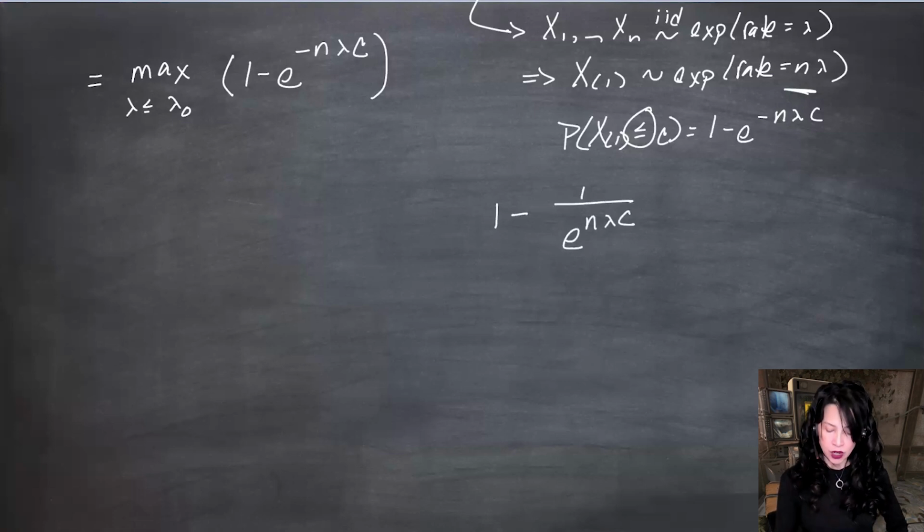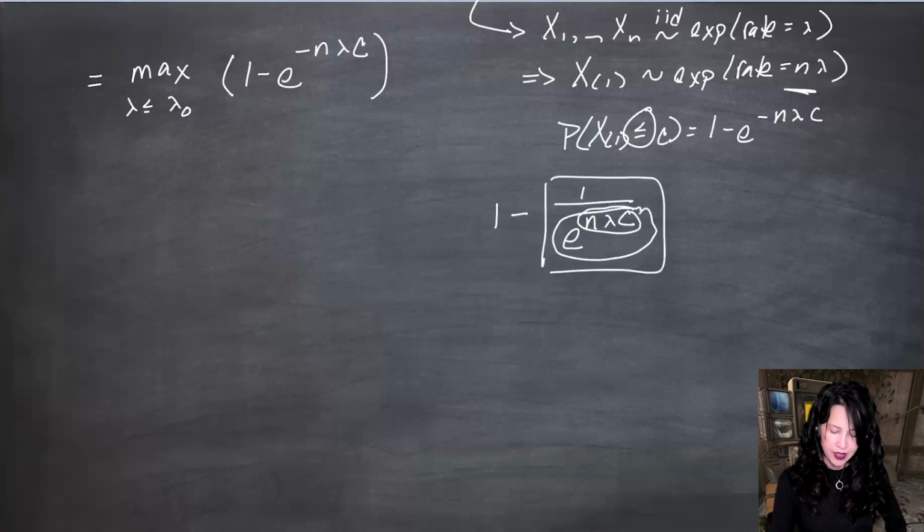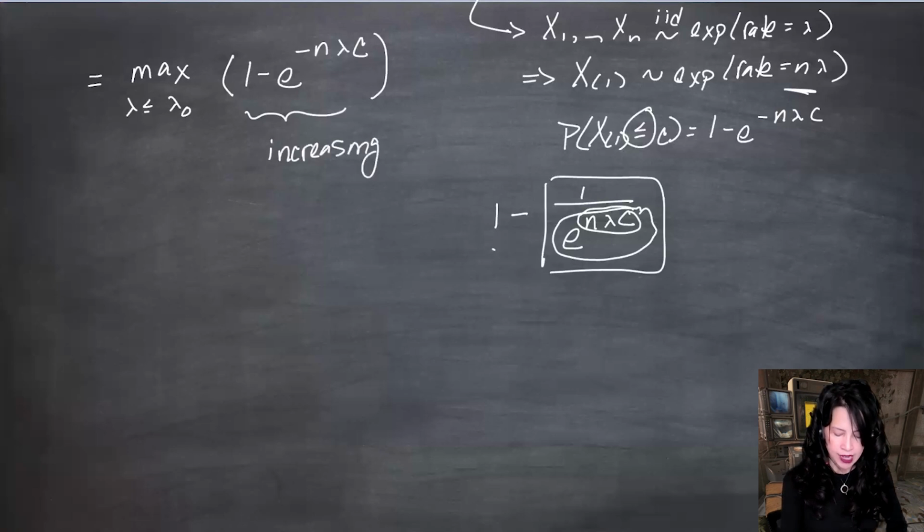As lambda gets large, this exponent gets large, which means e to the exponent gets large, which means this fraction gets small, which means 1 minus something that's getting smaller and smaller is actually getting larger and larger. So what I'm trying to say is this is an increasing function of lambda.